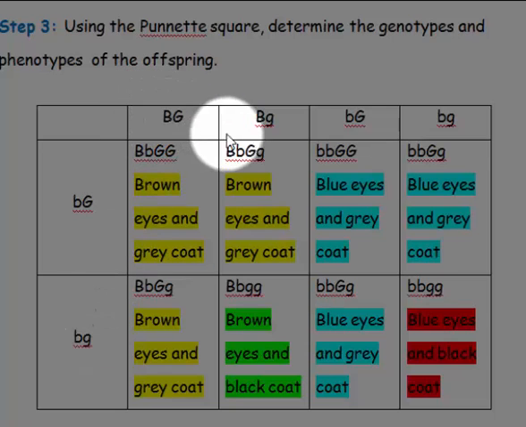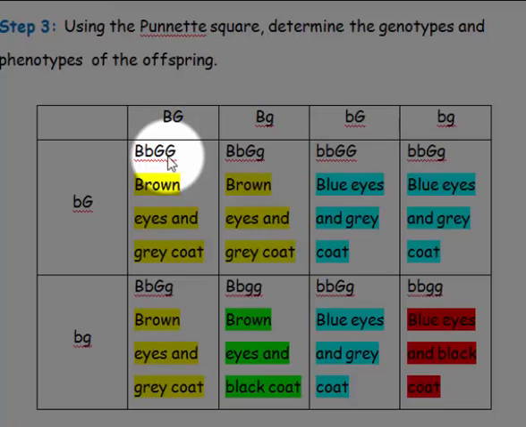And for the other parent, there were 4 different types of gametes and they are placed here. When we combine those gametes, we have different genotypes. For example, when we combine this gamete and this gamete, we have this genotype.